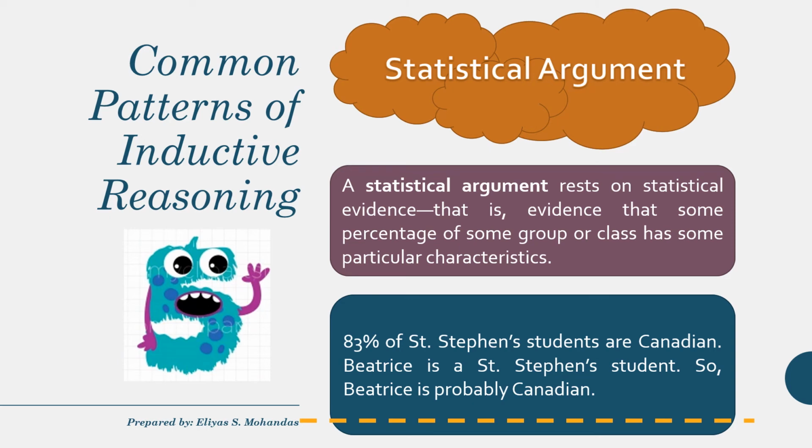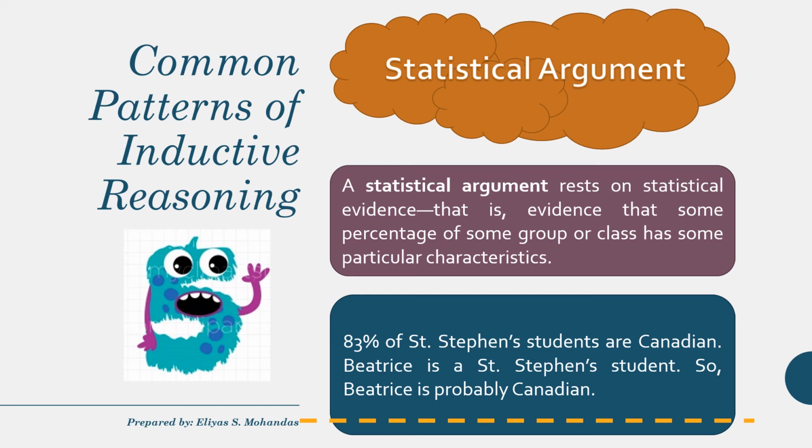So the first premise is where you have your statistic, 83%. The second premise is to notify that Beatrice is a St. Stephen's student. Therefore, your conclusion is Beatrice is probably Canadian. We say probably, because Beatrice can also be among that 17% of students who are not Canadian studying in St. Stephen School.